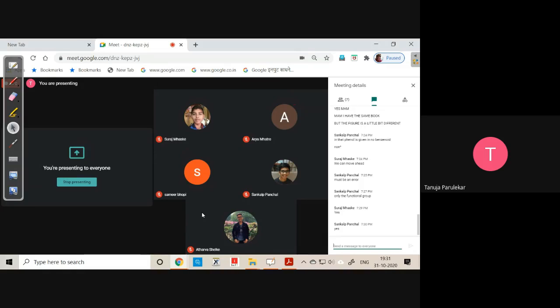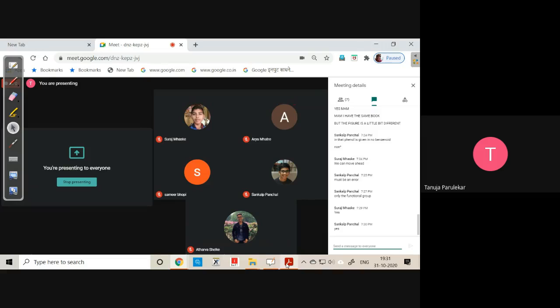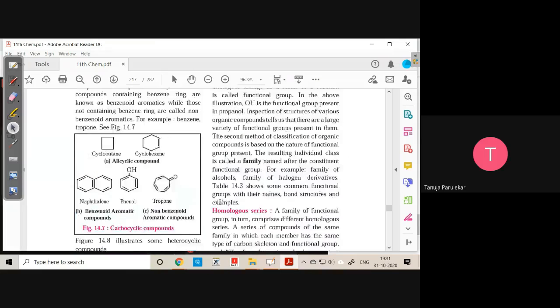Out of that, homocyclic can be further classified as aromatic and non-aromatic compounds. Aromatic will be benzenoid aromatic and non-benzenoid. So various ways of classification we saw. Then we are now talking about the functional group. Functional group is that part of the molecule which confers the property to that molecule. Okay, so we'll be talking about all those things.